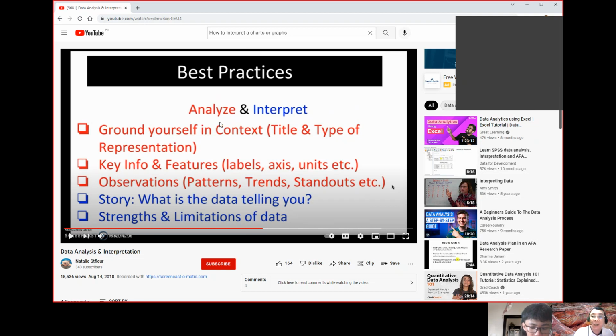Okay? Because if you focus too much on the analyzation part, you will get stuck there, and there would be instances that you will have a lack of time when it comes to the interpretation part.